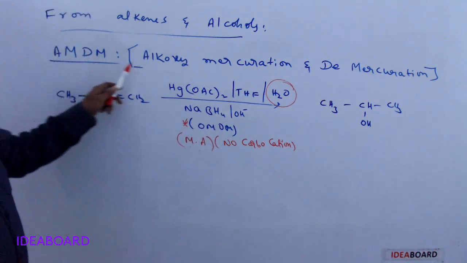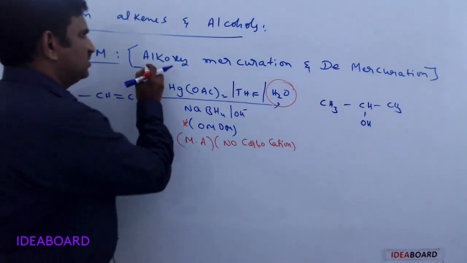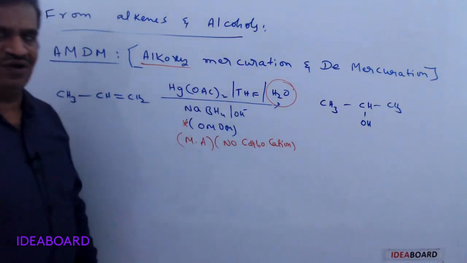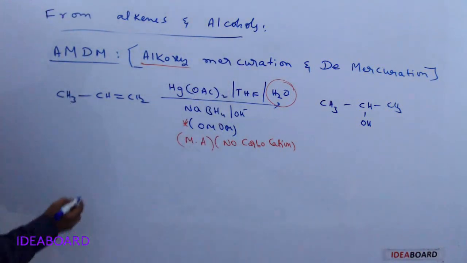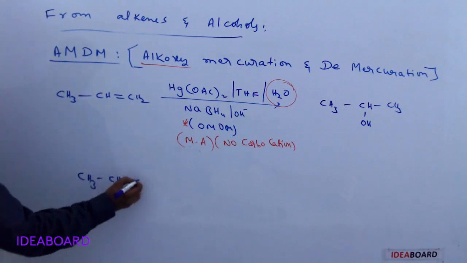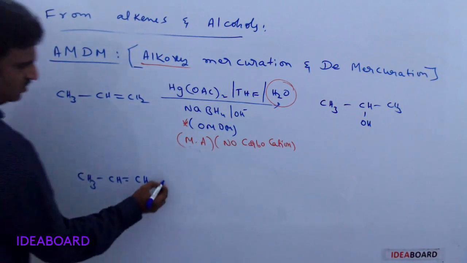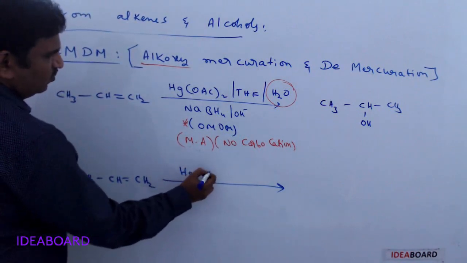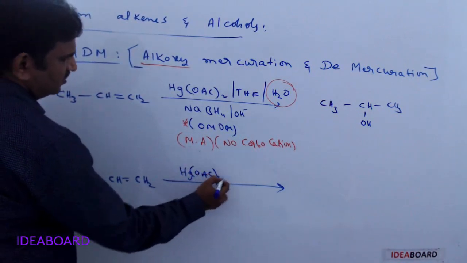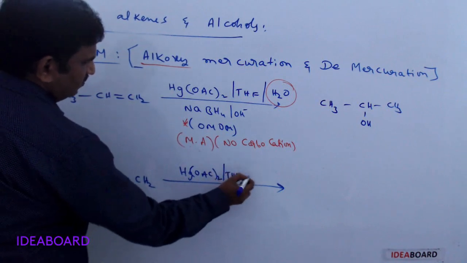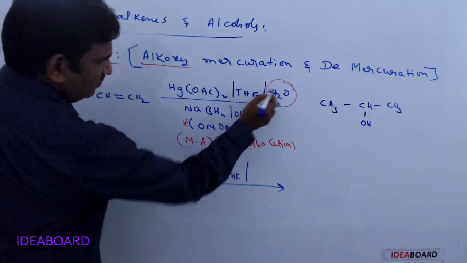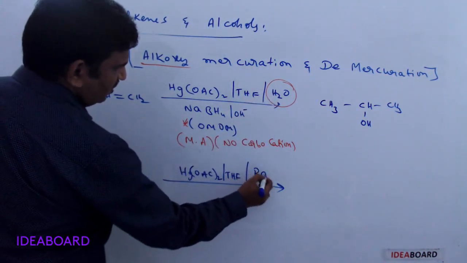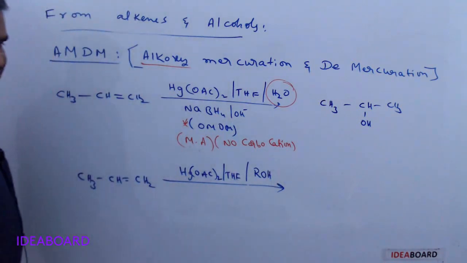But what we are taking now is alkoxymercuration, not oxymercuration. So in the alkoxymercuration, what happens? A slight difference only. CH2, same reagent, Hg(OAc)2, THF, and instead of H2O, we are taking alcohol.